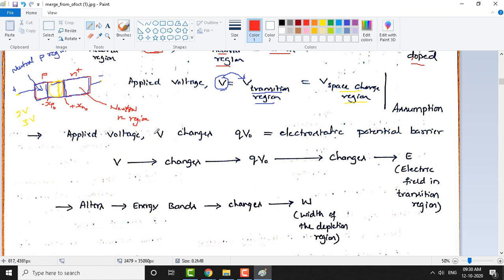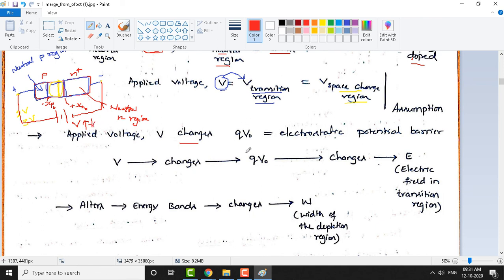Now the applied voltage V, let us see its dependence. What we have shown here is that there is a one-to-one correlation. When the applied voltage V changes, whatever we apply here through this battery, plus or minus, when you increase or decrease this, what is going to happen?